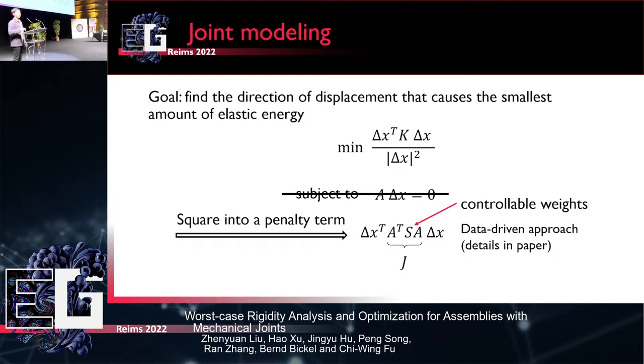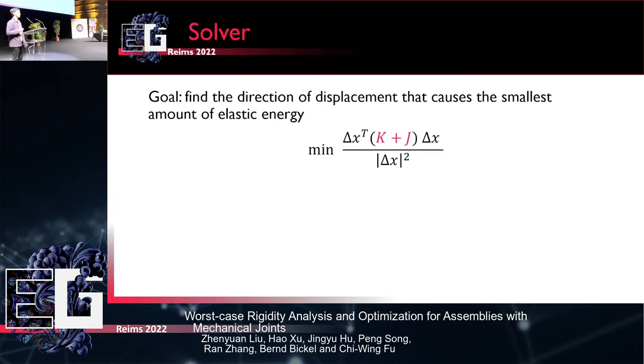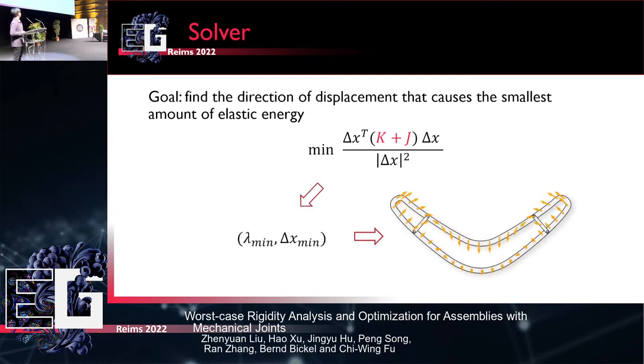After doing this, we can call the matrix in the middle J, and then we can add the energy penalty term back to our energy function, reducing it back to its initial form. It is very well known that we can use eigenvalue analysis to solve a minimization problem of this form, and the smallest eigenvalue will become the global minimum of our minimization problem, and the associated eigenvector is going to be the minimizer.